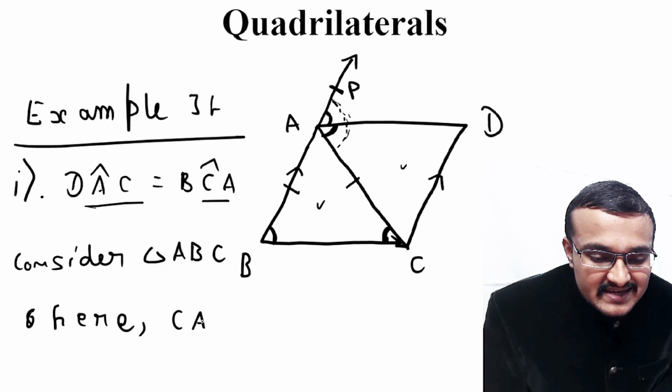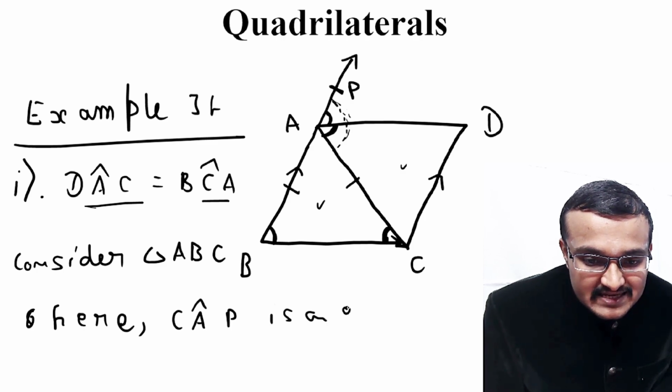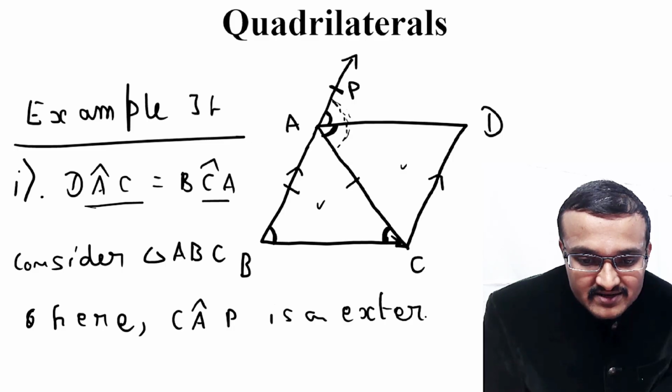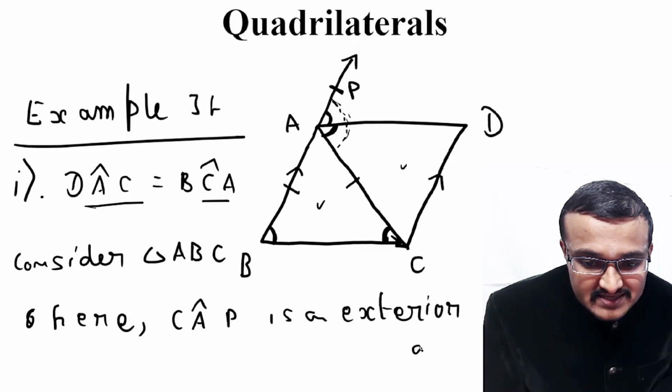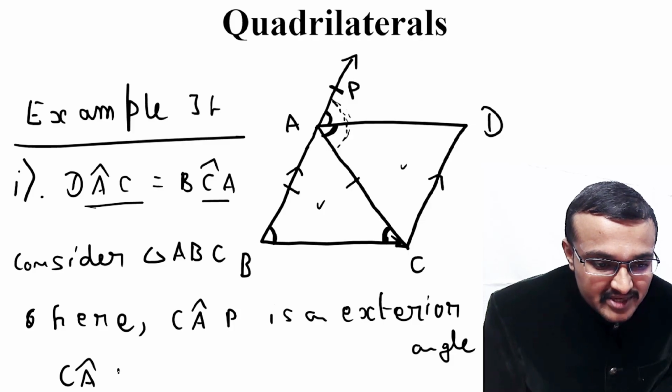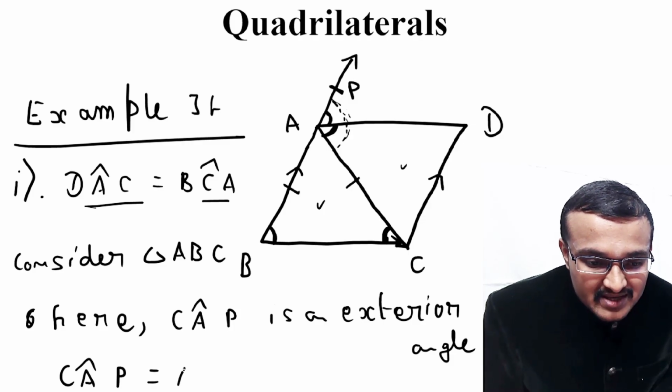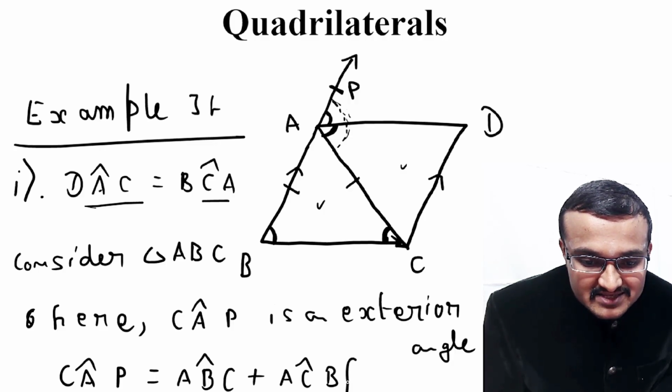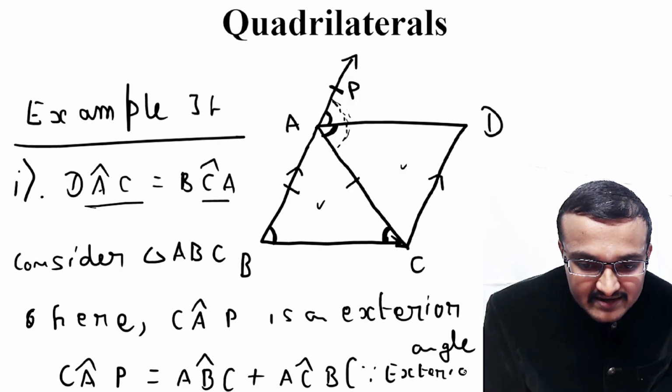Here CAP is an exterior angle. Since CAP is an exterior angle, here CAP is equal to ABC plus ACB. This is because of the exterior angle property of a triangle.